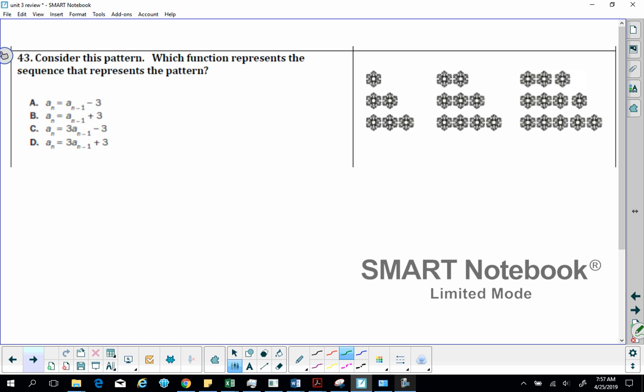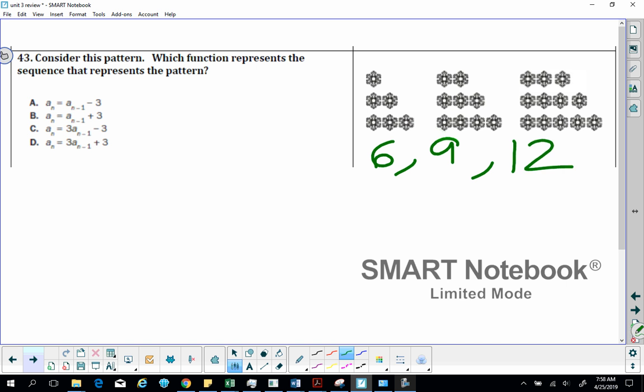Let's see. Do y'all need me to go over this? First, we look at the snowflakes. How many snowflakes are in the first one? Over here. 6. How many snowflakes are in the next one? 9. How many are in the next one? 12. So that's my sequence.